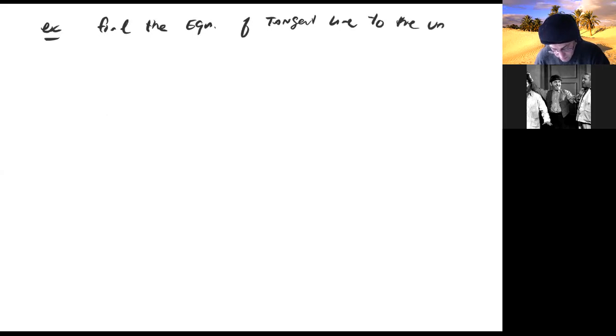So let's find the equation of this tangent line to the unit circle at the point square root of 2 over 2, comma, square root of 2 over 2.